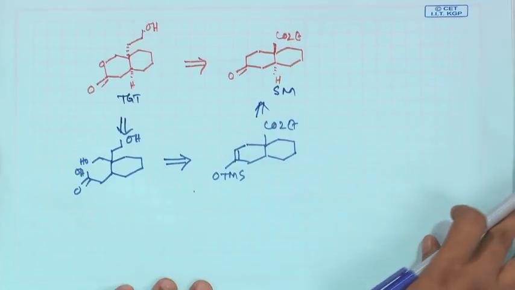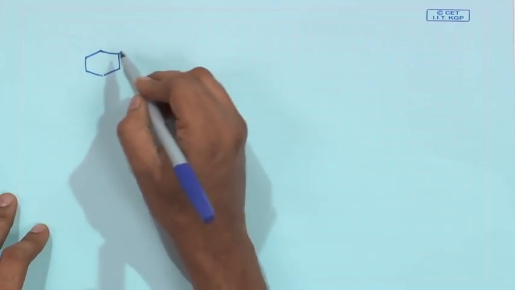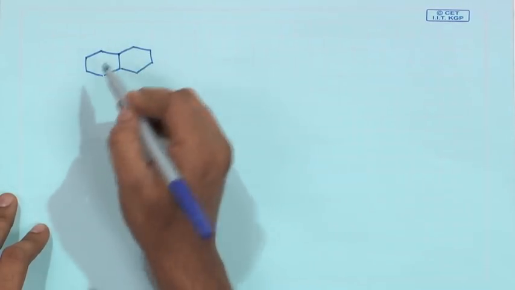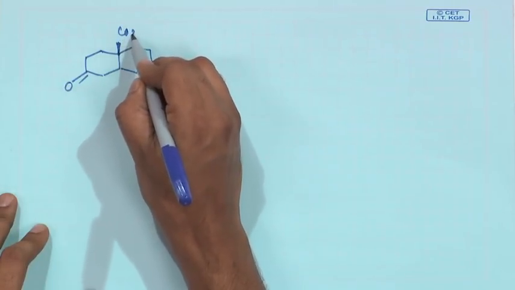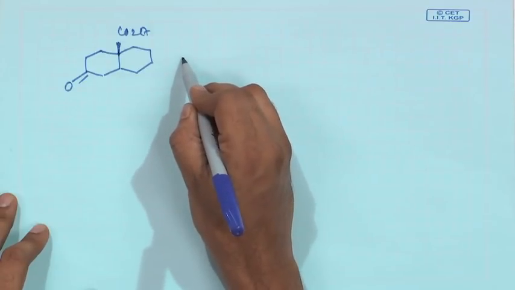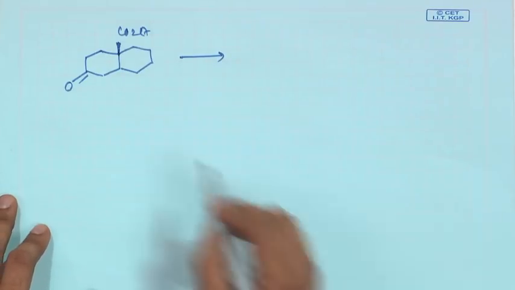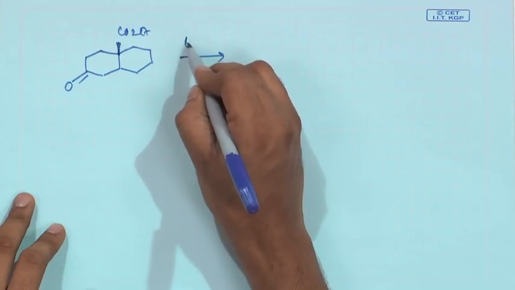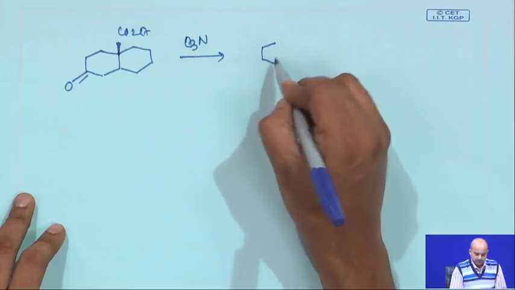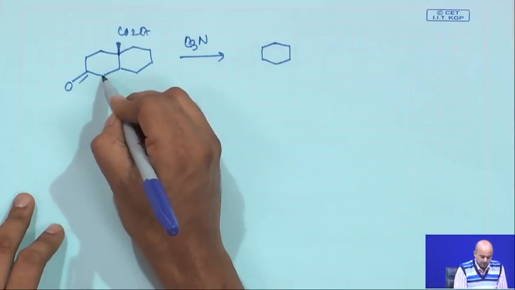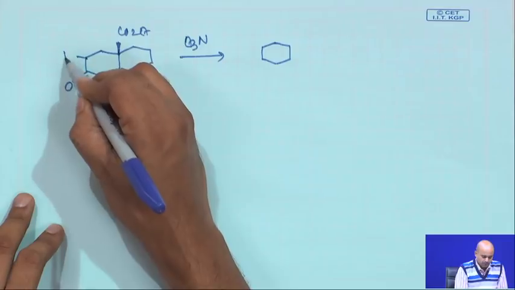Now, let us see how this forward pathway can be figured out. The starting material which was given to you is basically a bicyclic ketone. So, initially what do we do? We basically treat it with triethylamine to generate the enolate. Now, there is one acidic hydrogen, this is one acidic hydrogen.